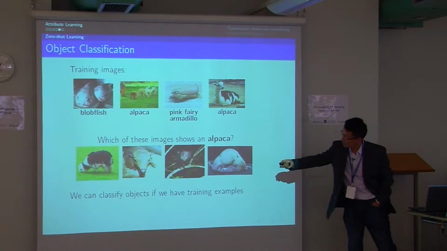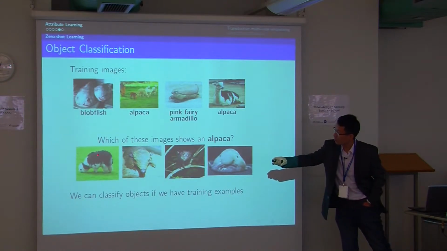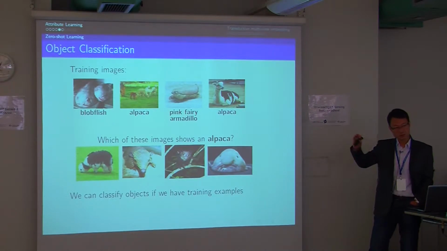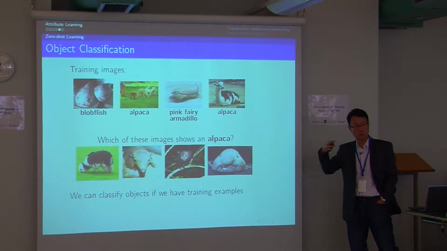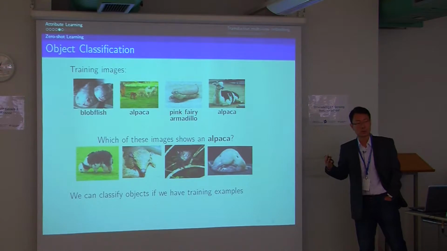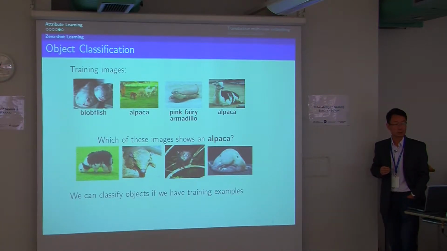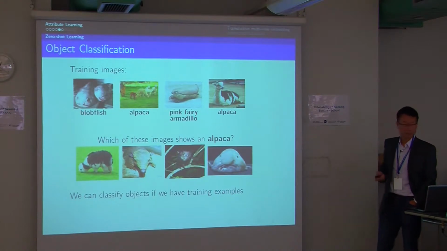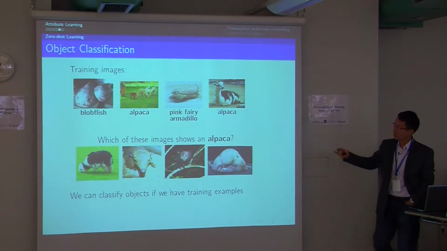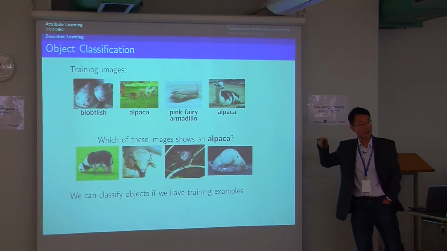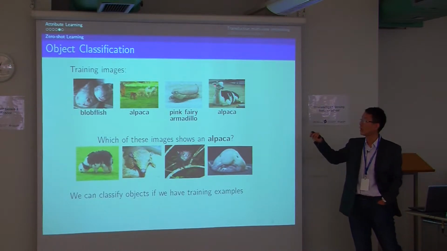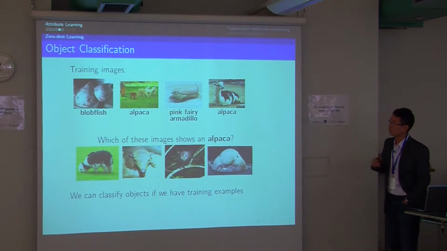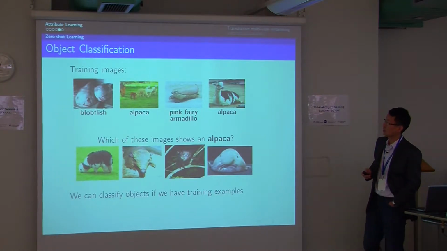Of course, this particular example of alpaca looks different from these 2, but they are similar enough for you to learn a model of what an alpaca looks like, and you can use this model to recognize it given an unseen image. That's the conventional pipeline. But the problem, as I said before, is that it's difficult to collect images of this particular class, and so it's difficult to learn a classifier for that.